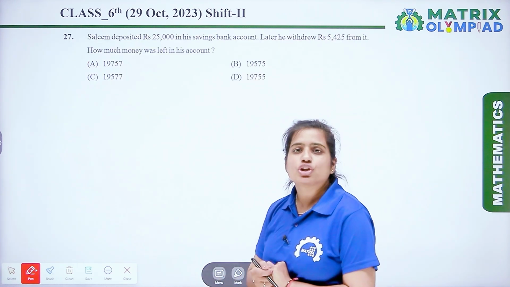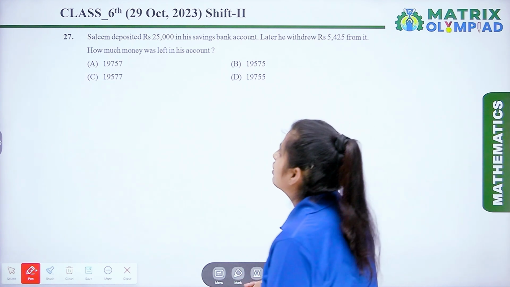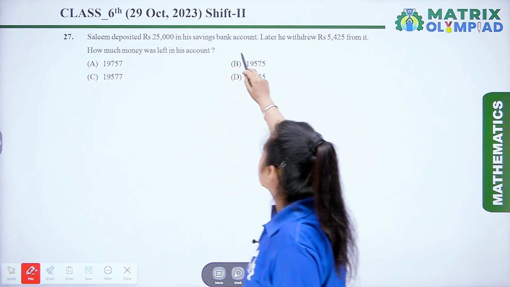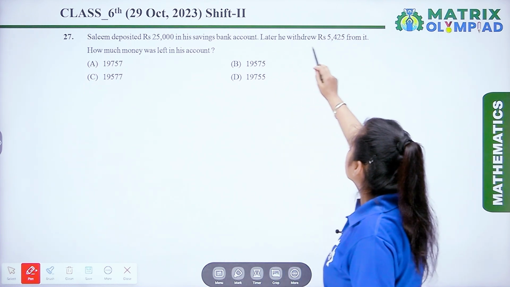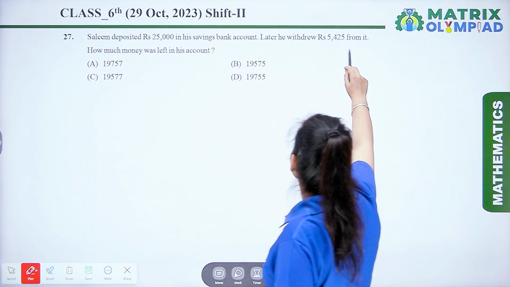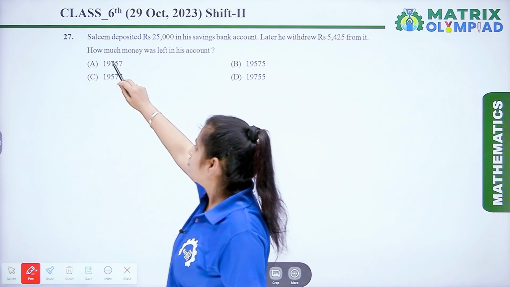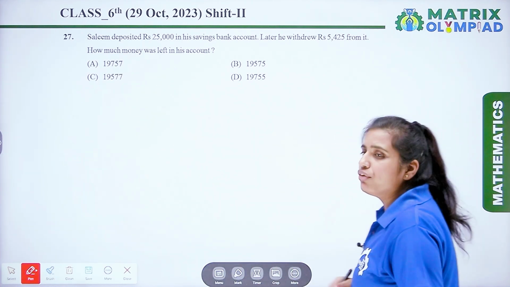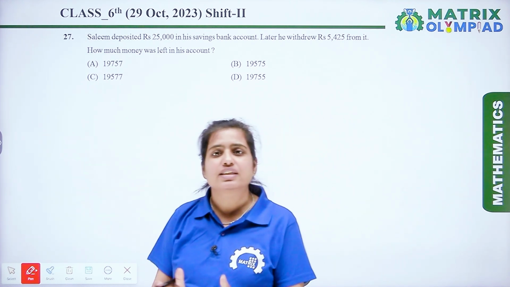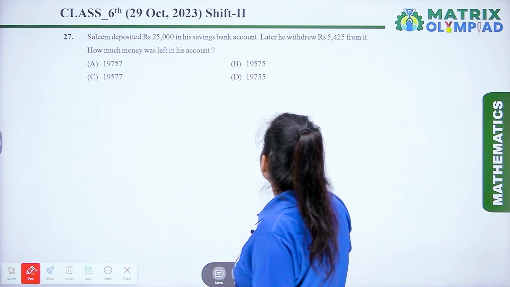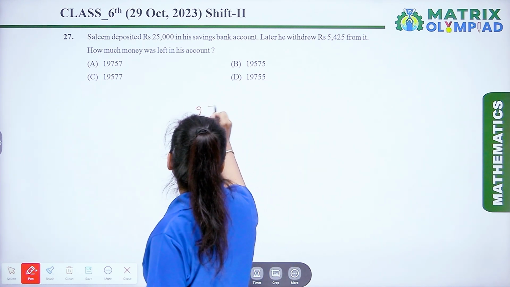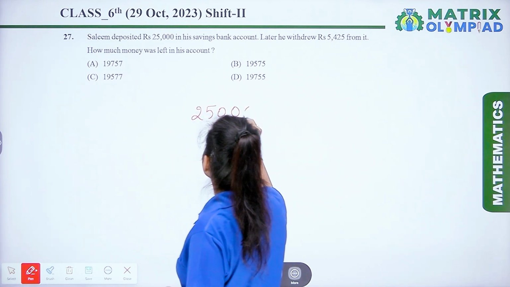Now the next question is question number 27. Salim deposited rupees 25,000 in his savings bank account. Later he withdrew rupees 5,425 from it. How much money was left in his account? Now we have to find out how much money is left. So we are going to subtract 5,425 from 25,000.